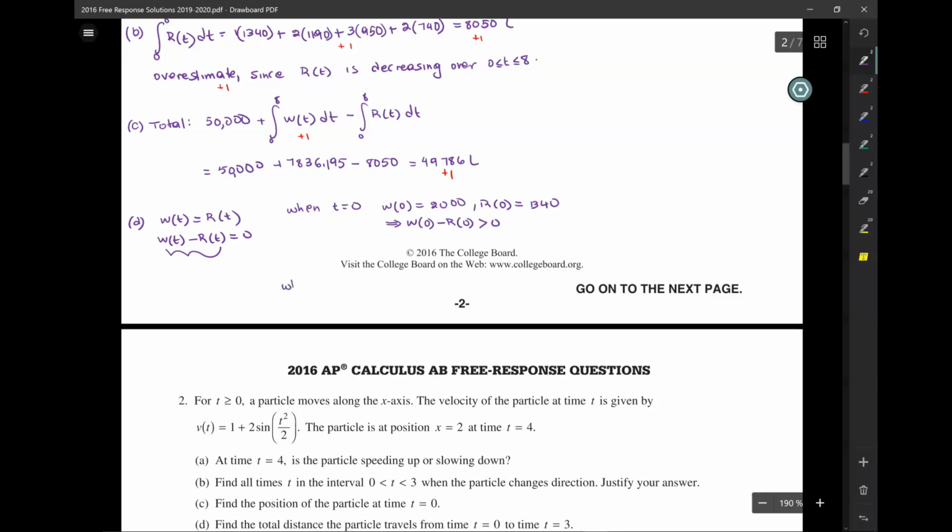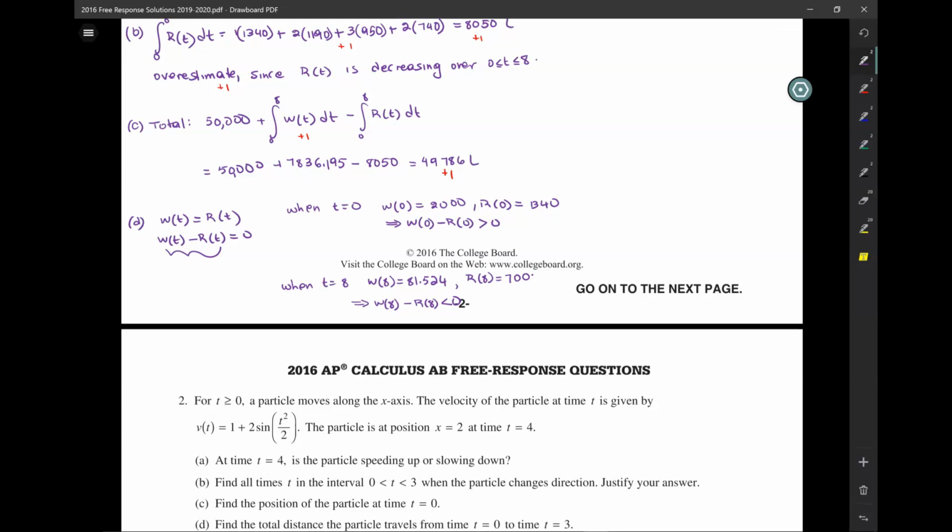So, at the other endpoint, when t is 8, W of 8 is 81.524. You plug that in the calculator. R of 8, you get it from the chart, it's 700. So W of 8 minus R of 8 is less than 0, right?